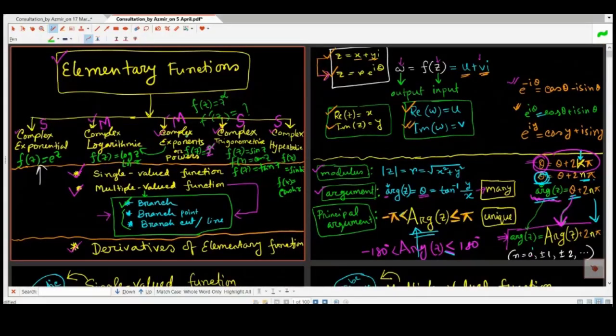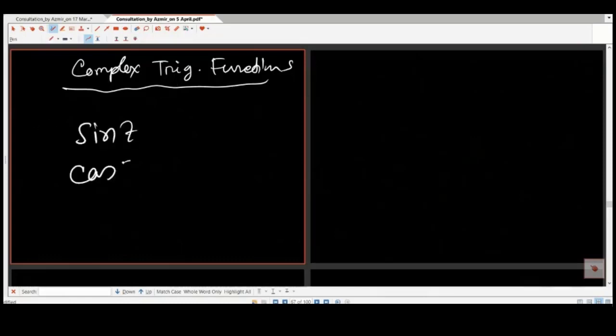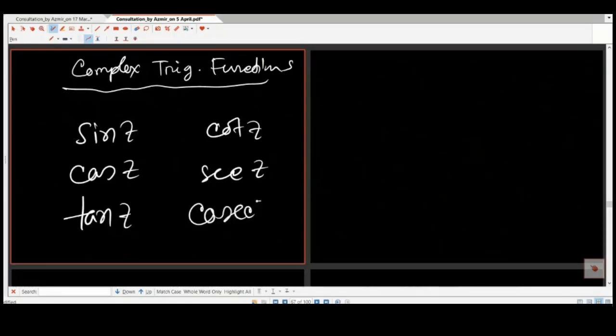So we have discussed complex exponents. Let's talk about complex trigonometric and hyperbolic functions. So these two functions are single valued functions. Complex trig functions: sine z, cos z, tangent of z, cotangent of z, secant of z, cosecant of z.